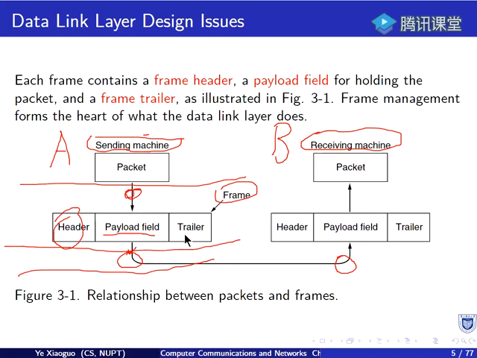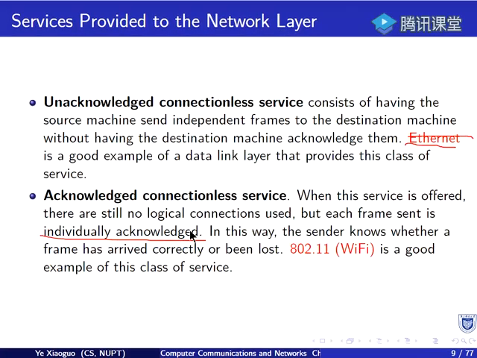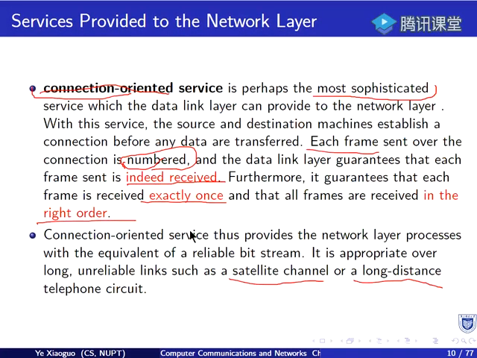Then compute a checksum for the header and the payload field, and get a checksum. The checksum is put in the trailer. That is what the data link layer does.